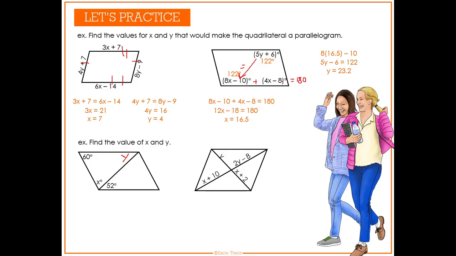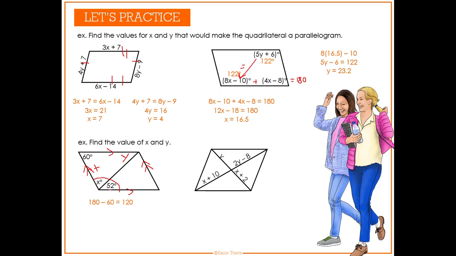All right, next one we got here. We got a set of angles here. I want to figure out what x is here, and I want to figure out what y is here. Remember, this is a parallelogram, so the top and the bottom lines are parallel, as well as the left and the right sides. Because these angles are inside of them, I know that this 60 and this big angle add up to our old friend 180.